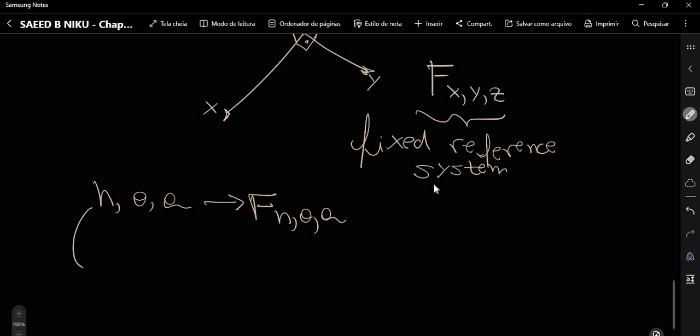N means normal, o means orientation, and a is for approach.